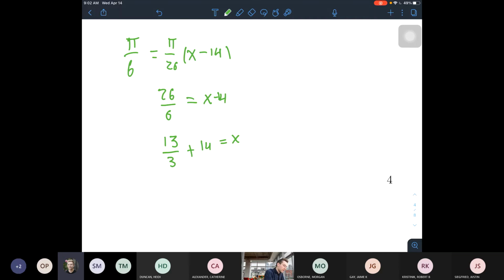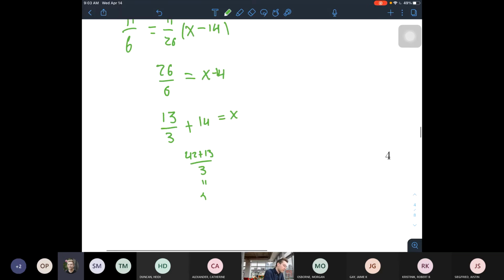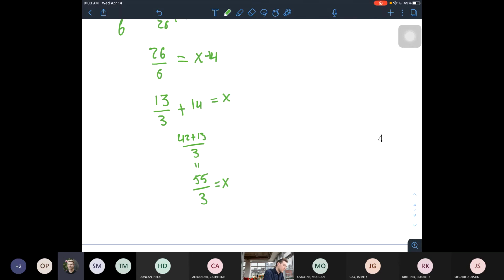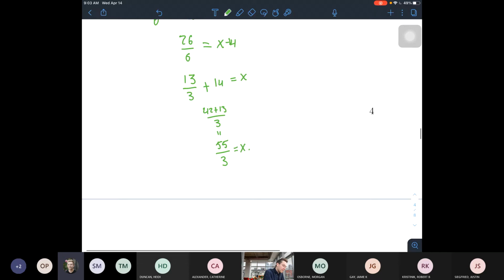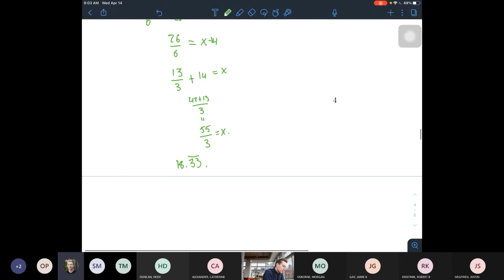So 14 times 3 is 42. 42 plus 13 over 3 would be equal to 55 over 3, which is equal to x. And this is something like 18.333 repeating. So then people said, okay, therefore it's in the 19th week.